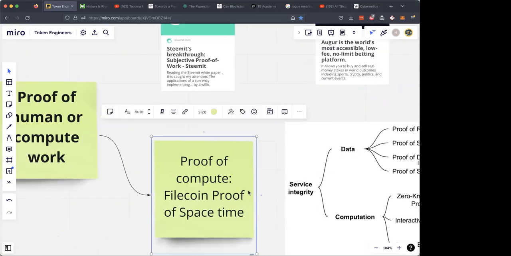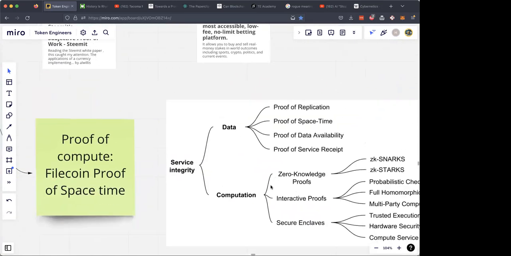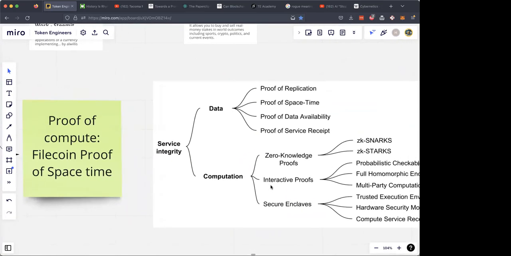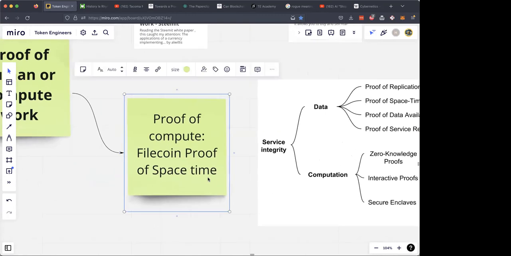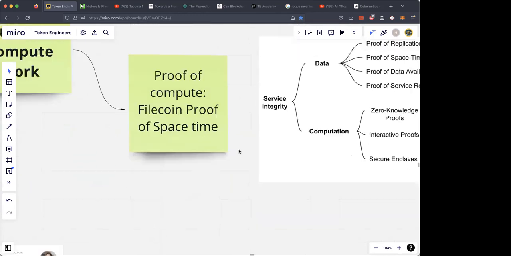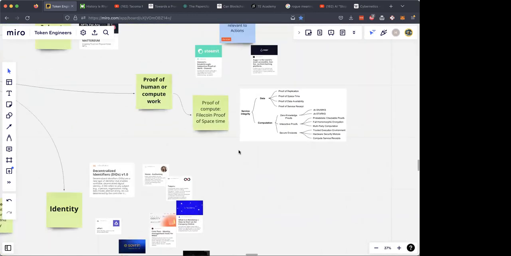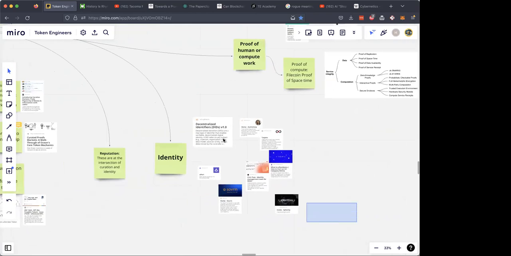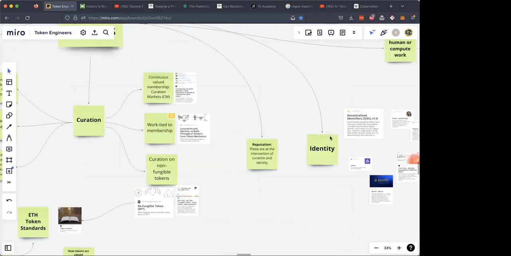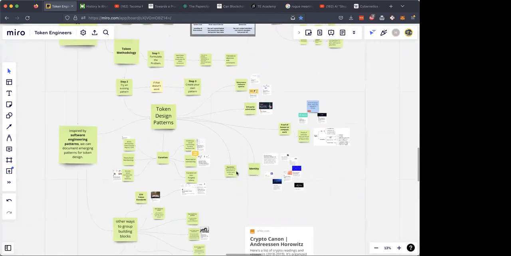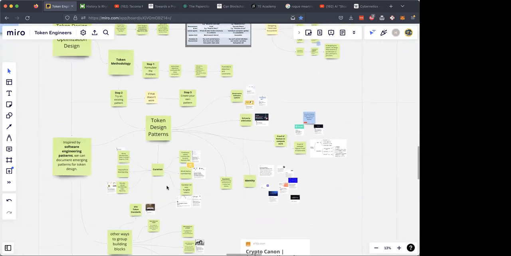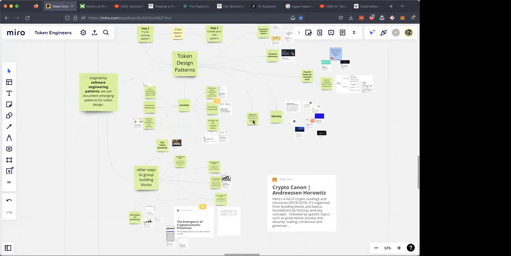On Filecoin, it's proof of space-time. This is the model that they're trying to optimize for, that you stored the file. And many, many other stuff. And he says reputation falls between curation and identity, which I didn't connect that dot, but there it is.